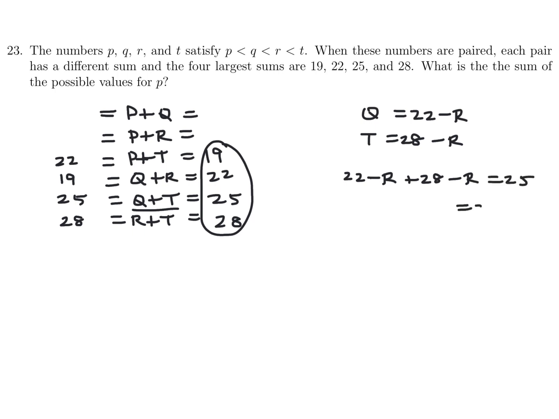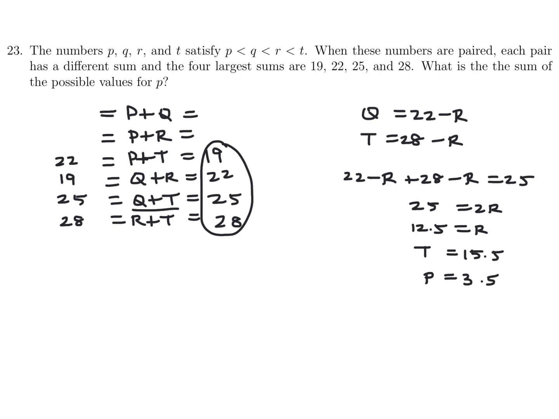So that means 2R is equal to 25. So that means R is 12.5. And then if R is 12.5, then T would be 15.5, and then P would be 3.5.